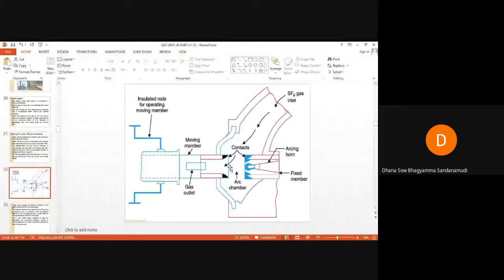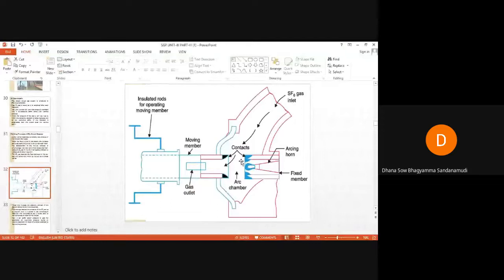The SF6 gas which enters this arc interrupting chamber will be at a pressure of around 16 kg per centimeter square. The SF6 gas will absorb the free electrons in the arc as soon as it comes in contact with the arc struck between the contacts.